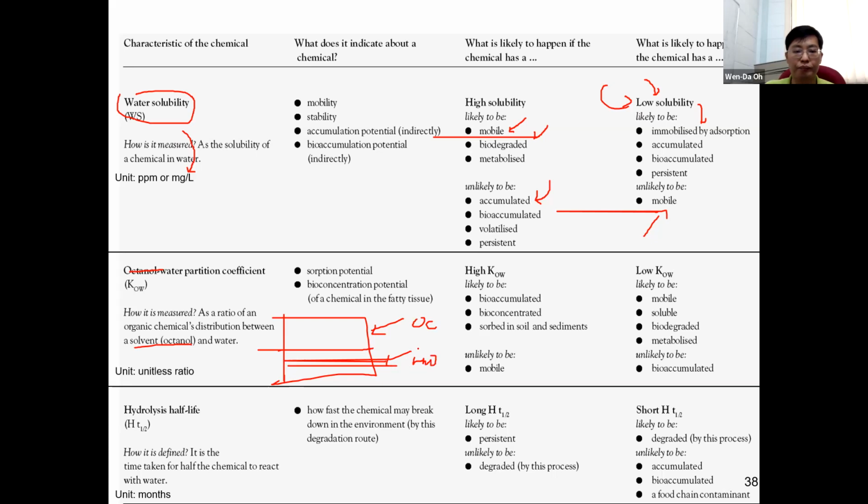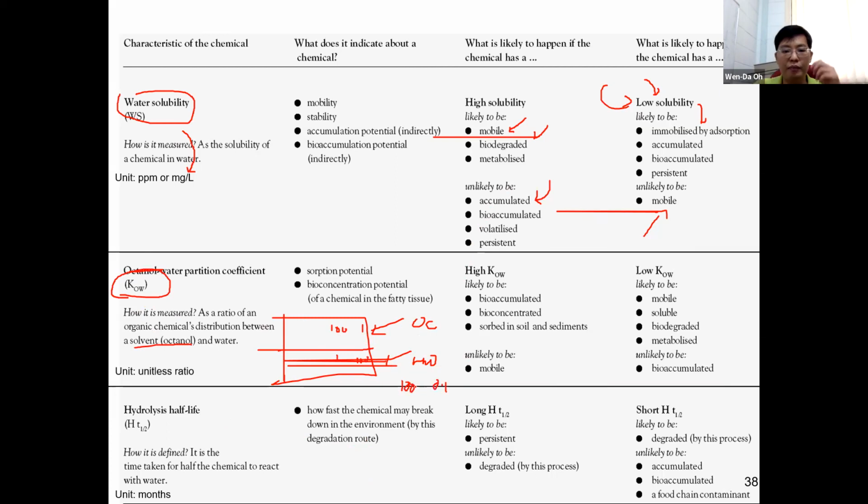This is just a ratio between your concentration in the octanol phase and the water phase. Let's say you have 100 here and 1 here, compared to 1 here and 100 below. If you measure the KOW, the coefficient, you'll see that the first one will be 100, the other one will be 0.1.